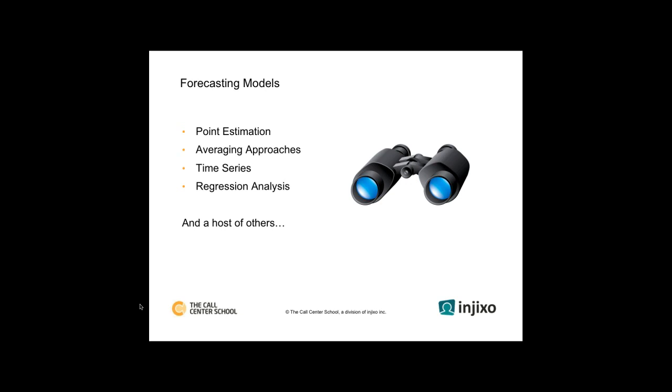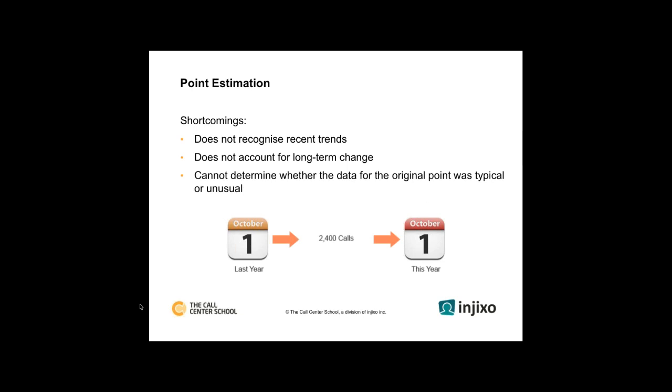And regression analysis is a way to go with those. But in my experience, about 95% of contact centers, other approaches actually work better. And if you have time to go out and Google and look at forecasting approaches, you can see that there's about a dozen out there.